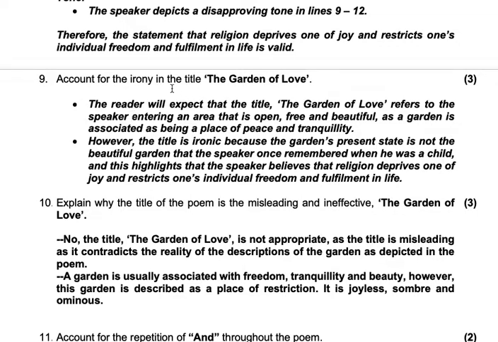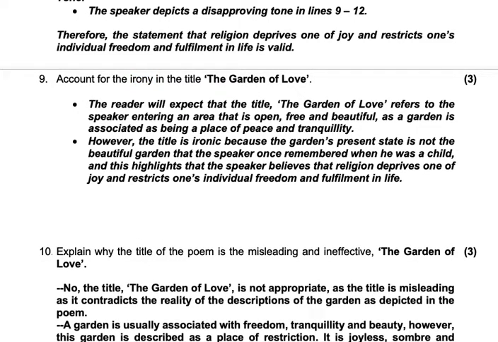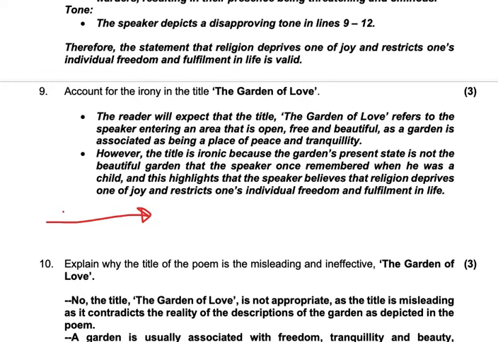But now, guys, if you get an irony question, I'm just going to do a little diagram here for you. You might get an irony question in your paper 1 as well. Irony refers to opposite. So, one idea.